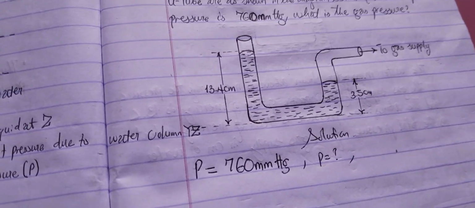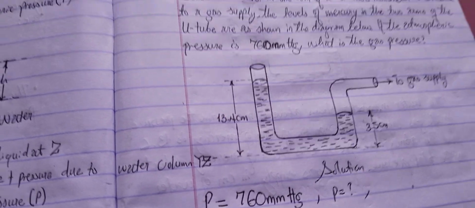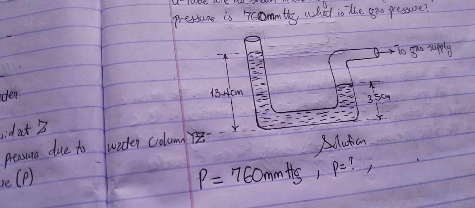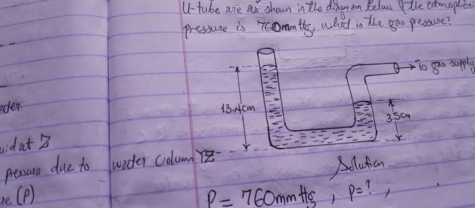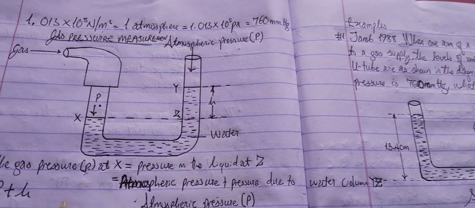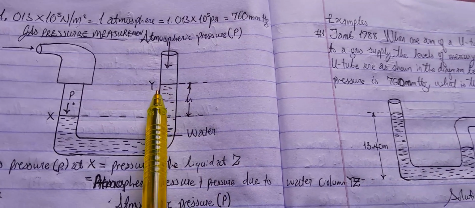Now, what is missing is the height. The question is, how do we calculate the height? From the initial discussion we had, you can see where the height is. The height of the mercury column, which is YZ.